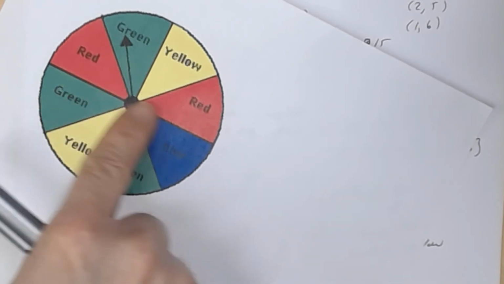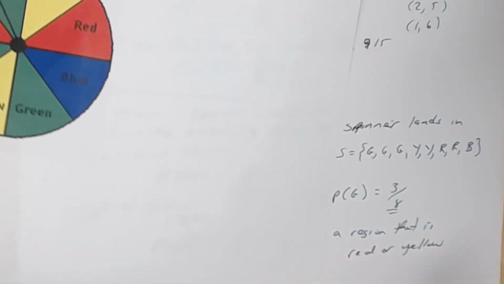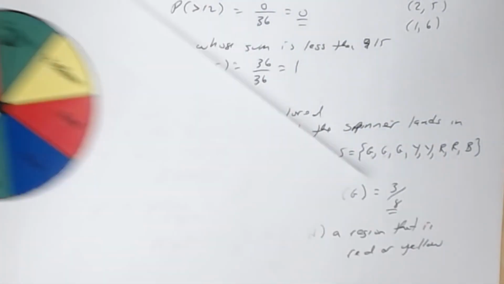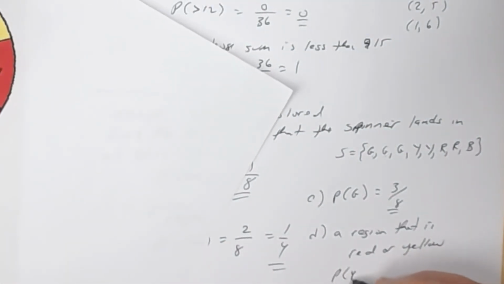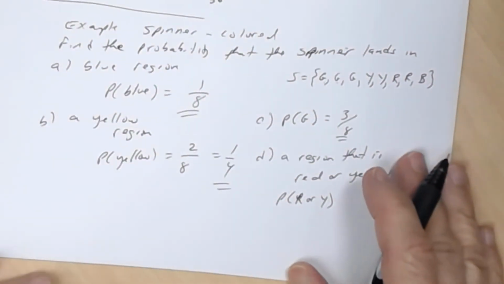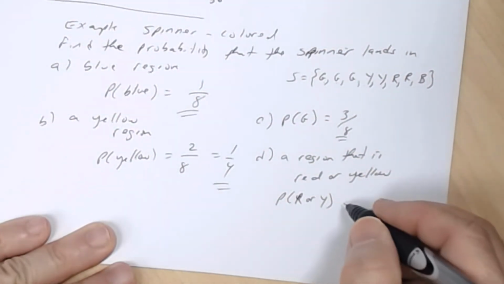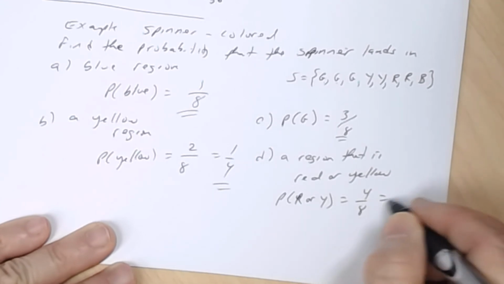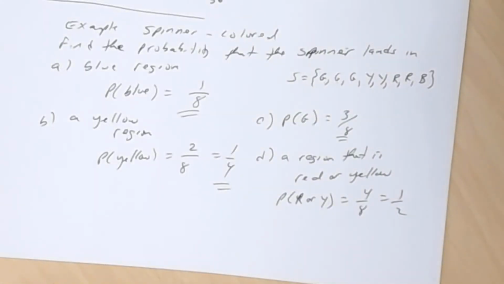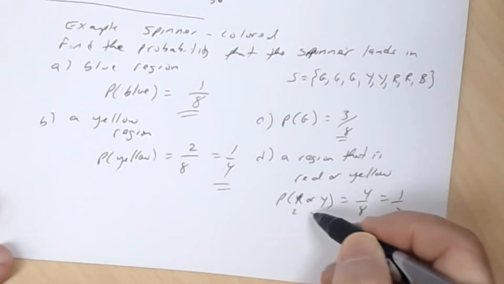So my event is red or yellow. How many reds do I have? 2. How many yellows? 2. So the probability of red or yellow is 4 divided by 8, which is 1/2. Remember, there were 2 yellows and 2 reds.